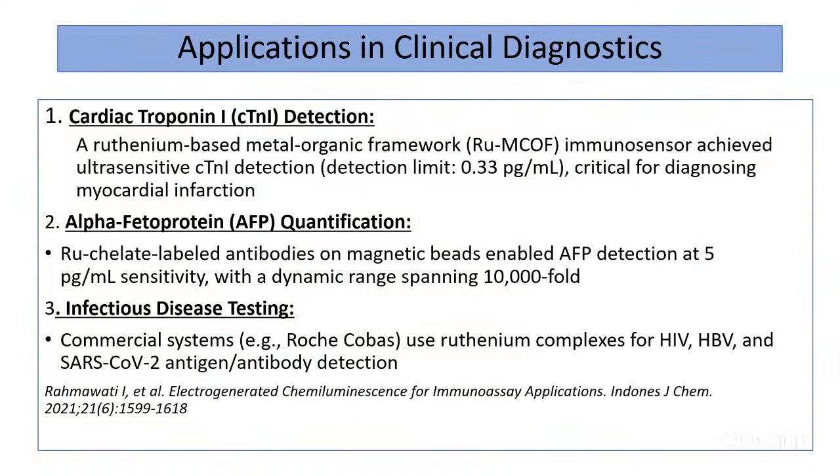Now, applications in clinical diagnostics, starting from cardiac troponin to alpha-fetoprotein to infectious disease diagnosis, HIV, HBV, SARS-CoV. And the best part of these assays, as I told in the beginning, is that with conventional ELISA we miss the window period.